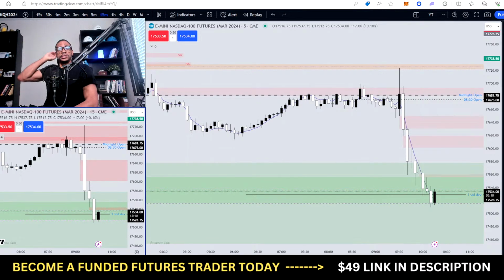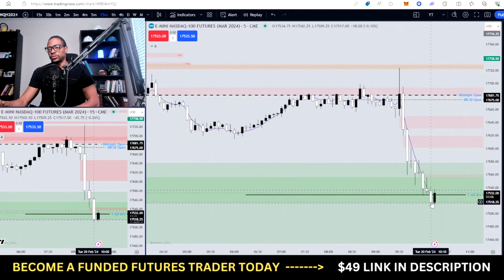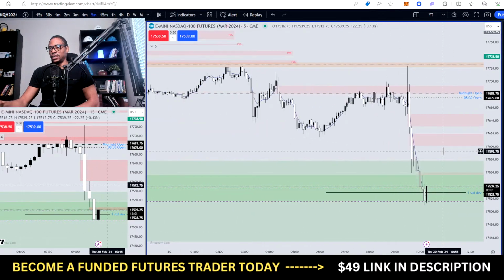All right, let's see how it does inside of that 15-minute fair value gap. You see the dark area here where the candle body stopped. This is a 15-minute fair value gap inside of a 1 hour.